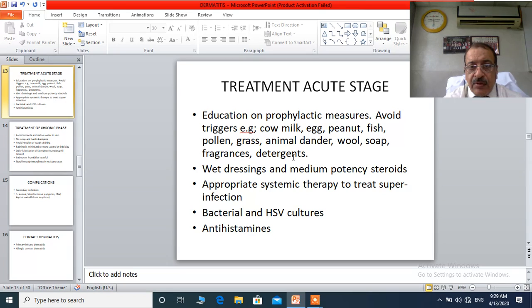Now, treatment of acute stage. First of all, educate the family about the course of illness. Then they must avoid triggers.